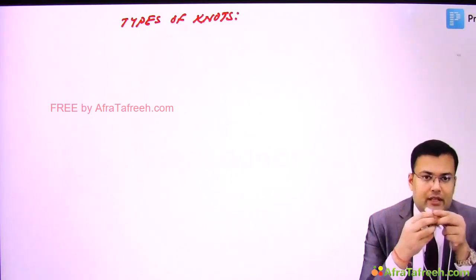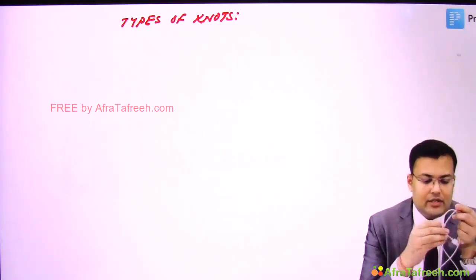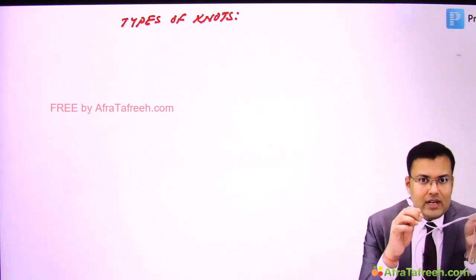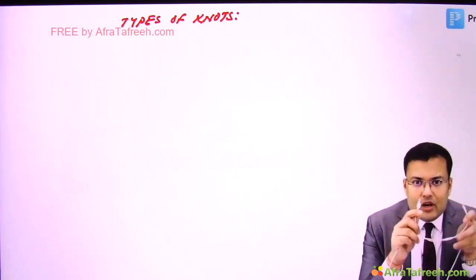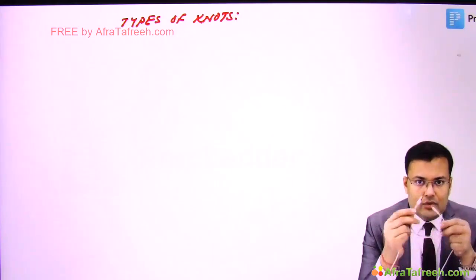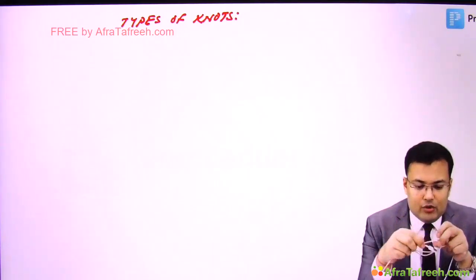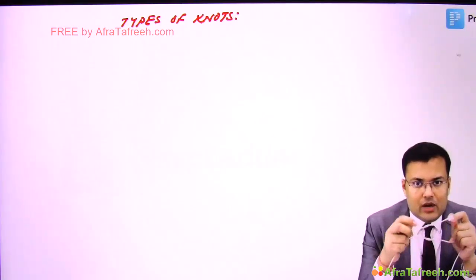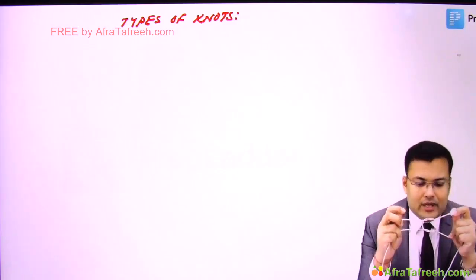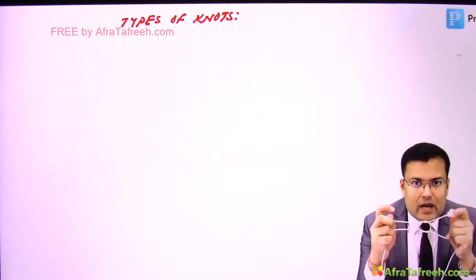I'm going to take the first throw, right? And can you see now the laptop end comes in my right hand? So in the first throw I crossed, and after that in the second throw, again I'm going to cross. Clear? So now the laptop end comes into my left hand. Okay, this is the square knot or reef knot.